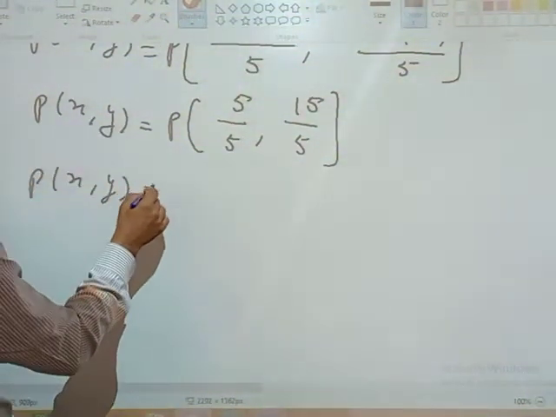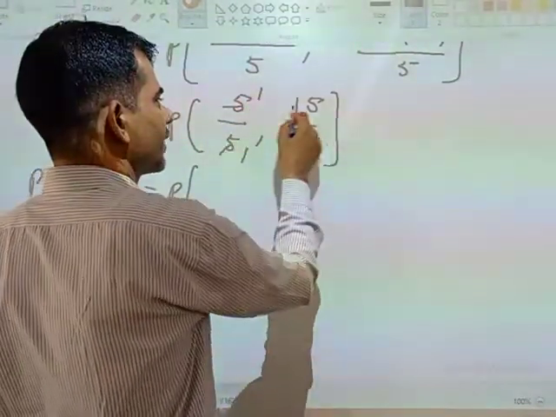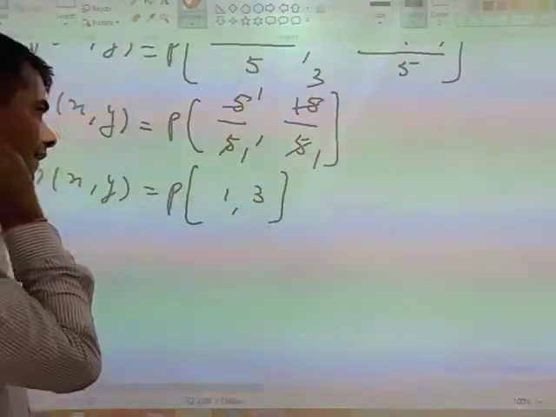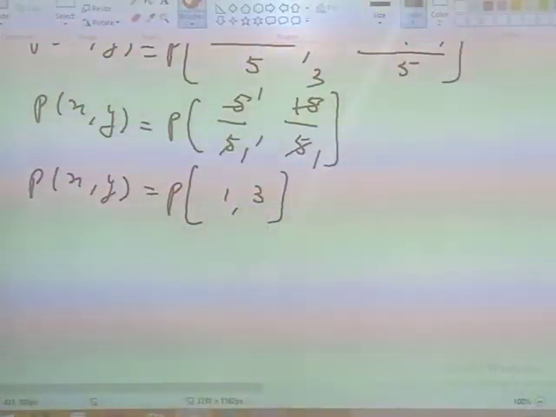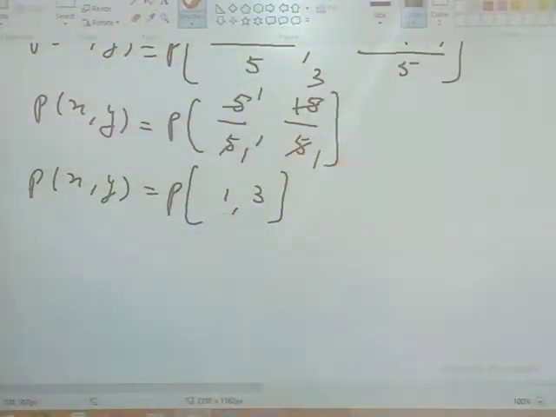Five ones are five, five threes are fifteen. Now what is the coordinate of point P(x, y)? Please check the answer.